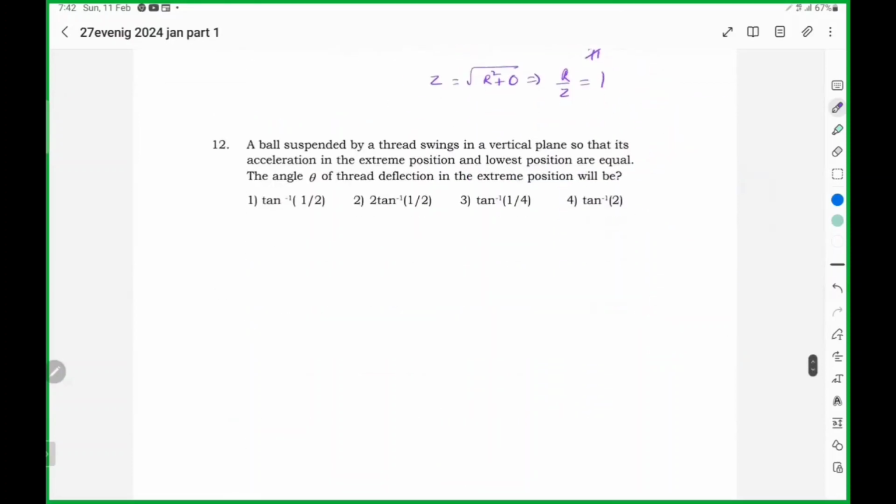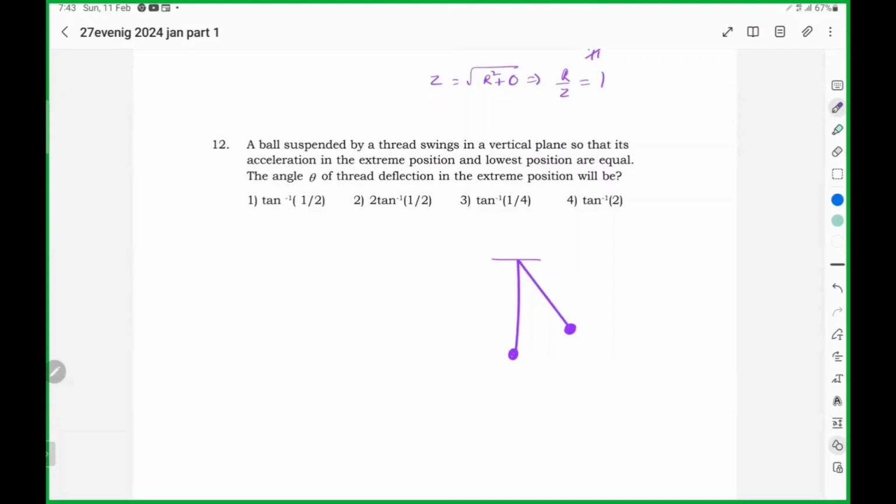A ball is suspended by a thread and swings in a vertical plane so that its acceleration in the extreme position and the lowest position are equal.